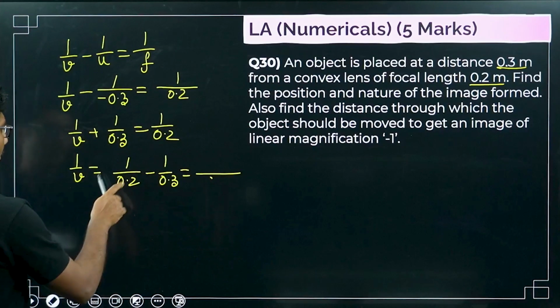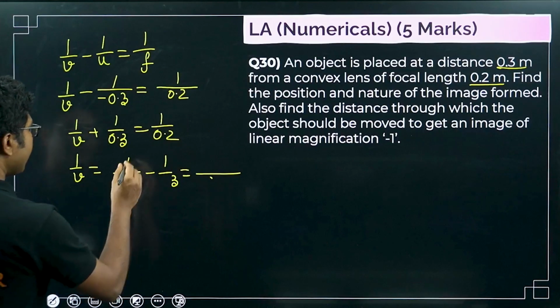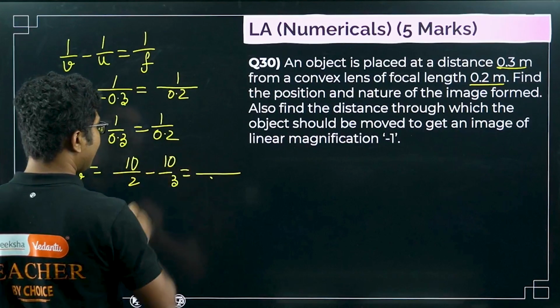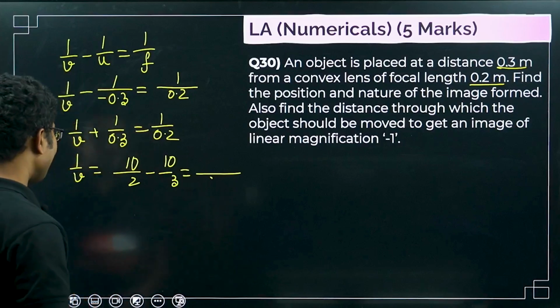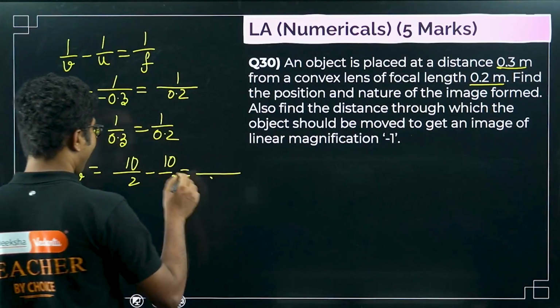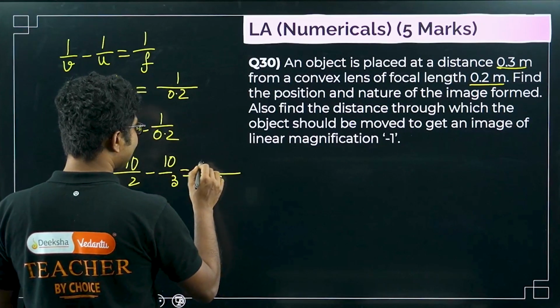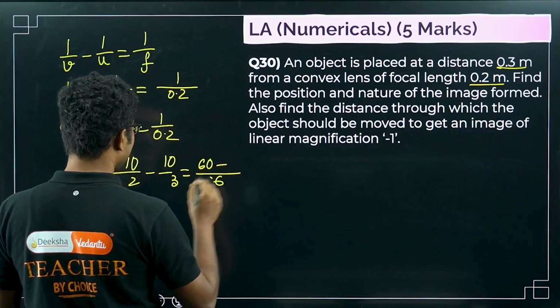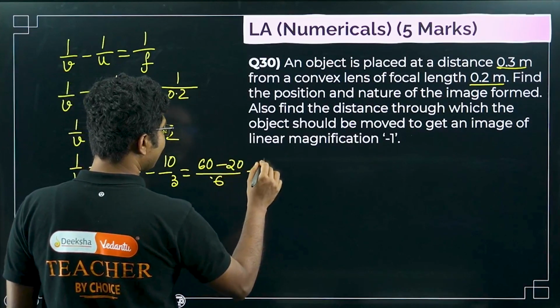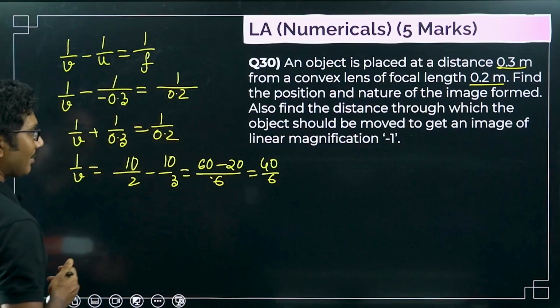Instead of writing 0.2, 0.3, I will write 10 by 2 and 10 by 3. I guess that will be easier. So if you do the LCM, 3 to the 6, 60 minus 20, that is 40 by 6. Okay, so this is 1 by v.